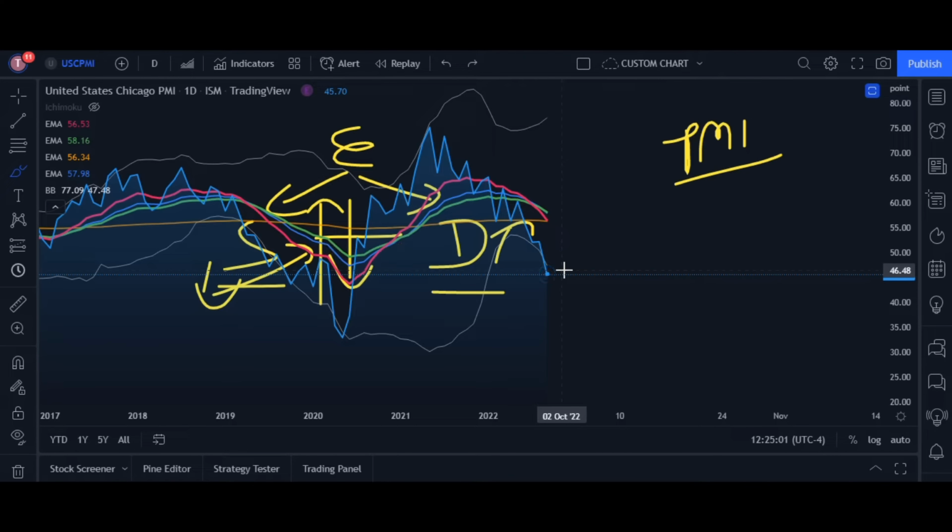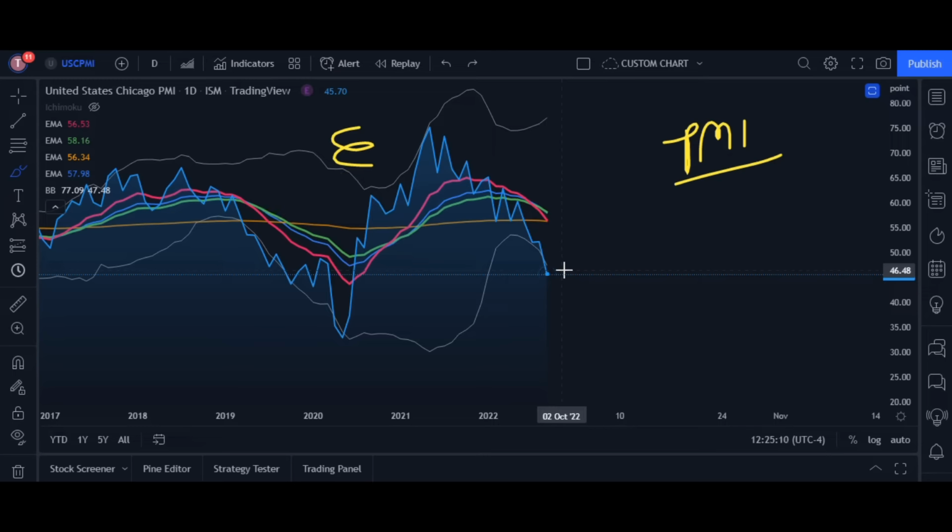It simply indicates that the demand, the supply, the manufacturing, the inventory, the order sheet, each and everything is declining. That is the reason the PMI is coming down, because there is a decline in the demand.